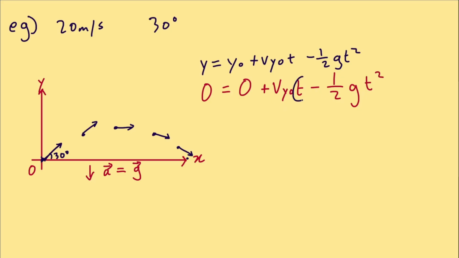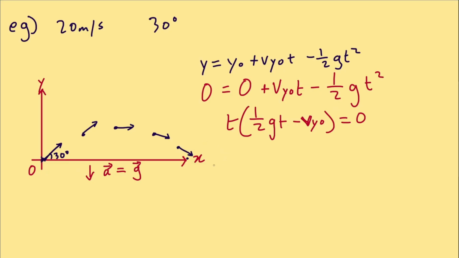If you factor out t, you can get this equation here, which is t times 1 over 2 g t minus v y0 equals 0. This is a quadratic and there are two solutions if you use the null factor law. The first solution is that t equals 0, which is correct, because here when y is 0, t is 0.